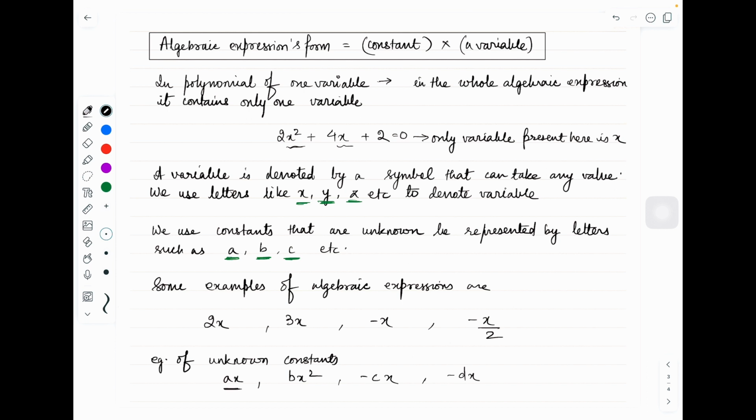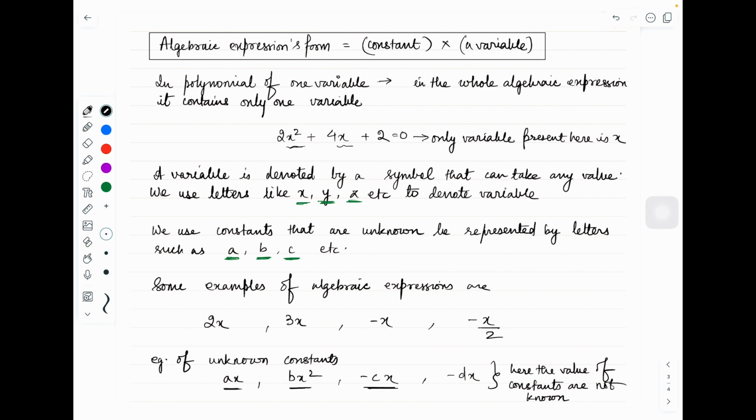So these are unknown. In unknown format you can write. Here constants are also not known. The values of constants are not known. Understood?